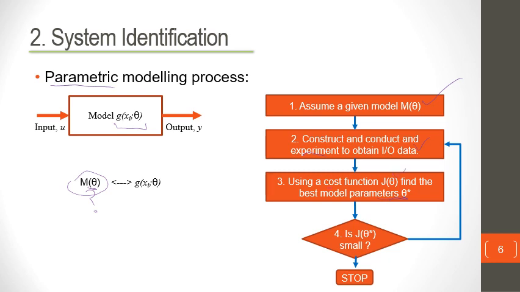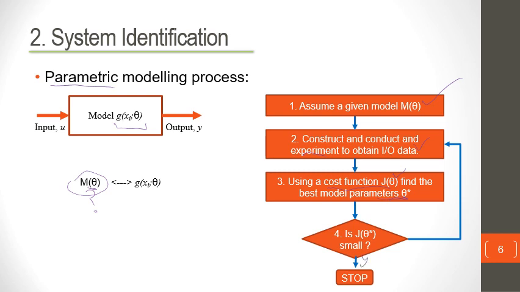So it is an optimization function where we compute the cost function J of theta, which is basically we try and reduce the amount of error that we get in the model. So we try and find the optimal parameters which give us the smallest amount of error. Now, we test if the error is small enough.